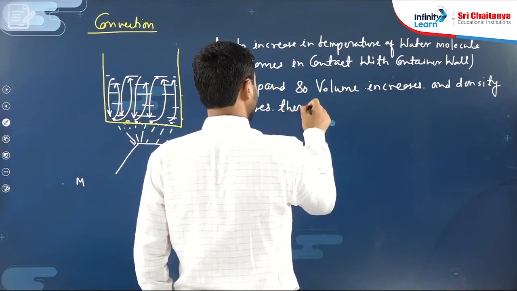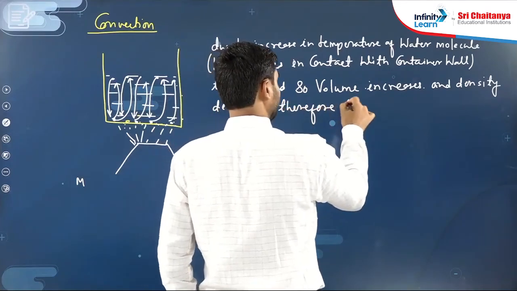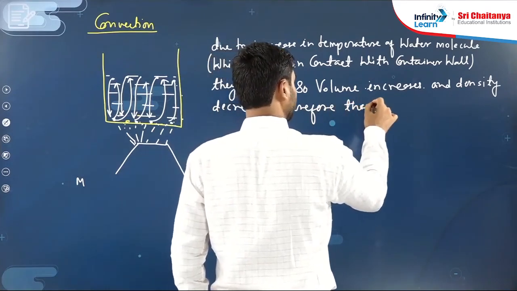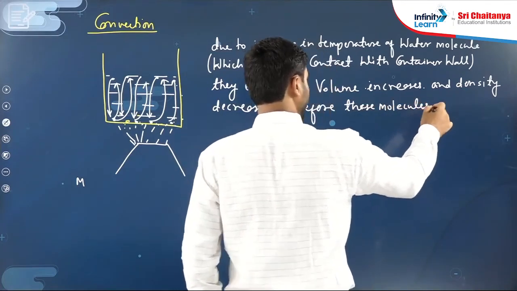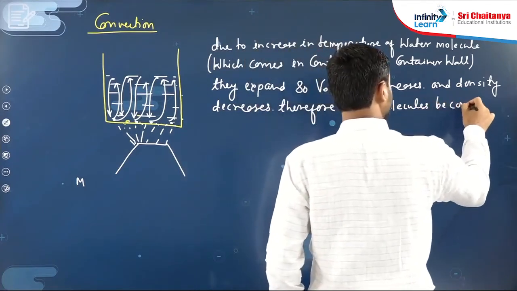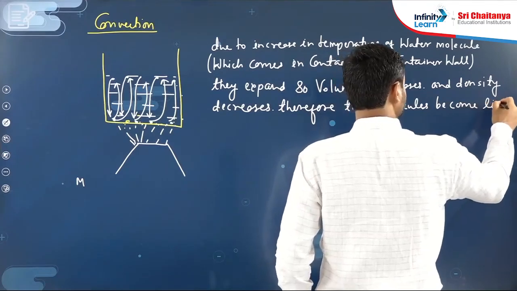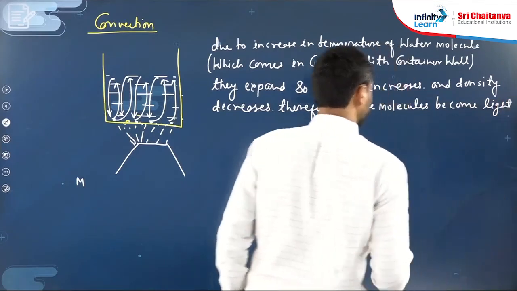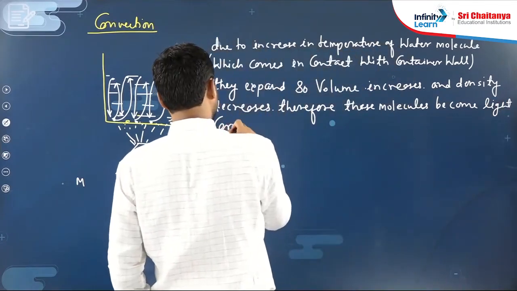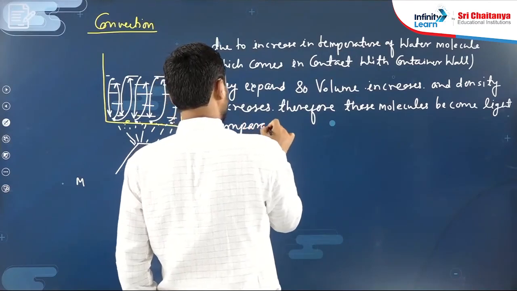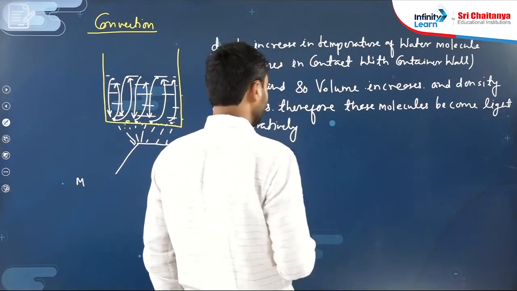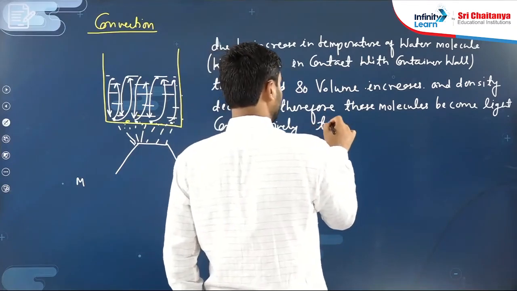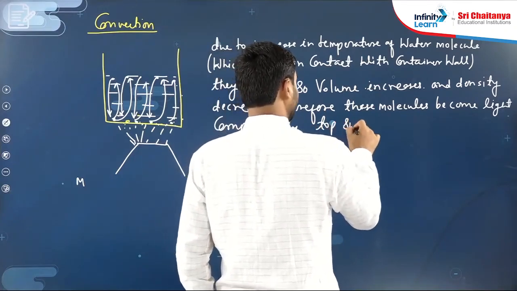So density decreases, therefore these molecules become light comparatively to the top surface molecules.